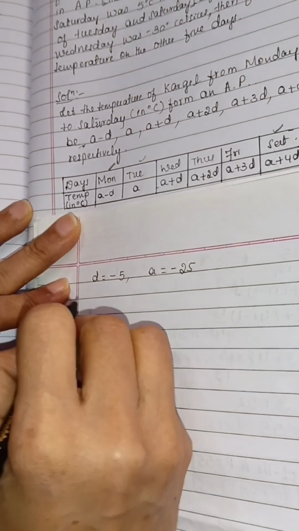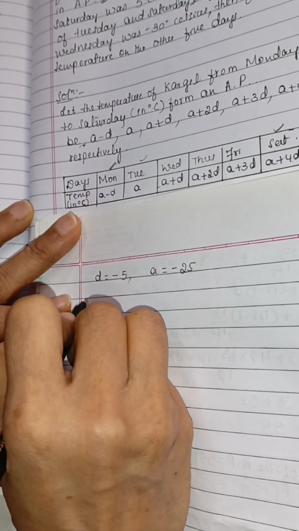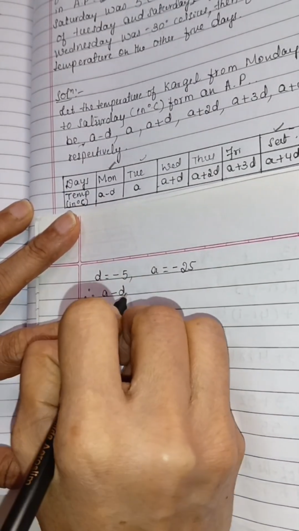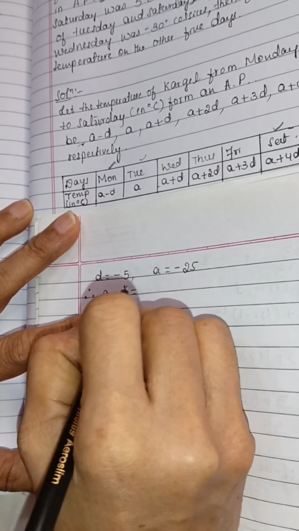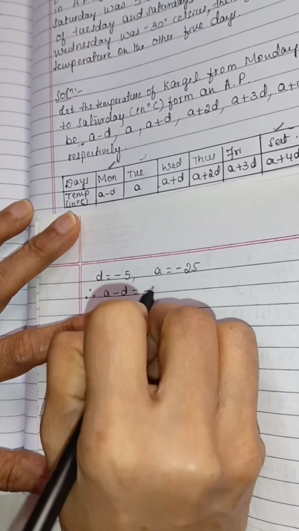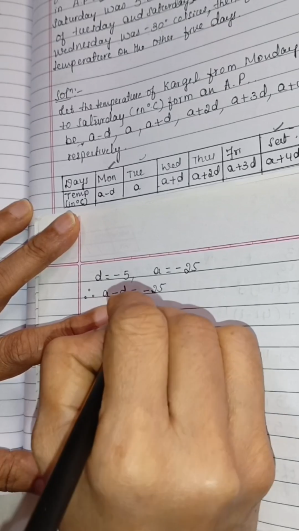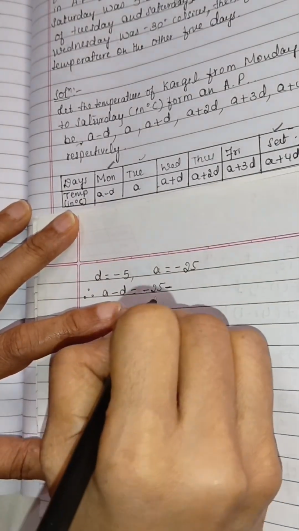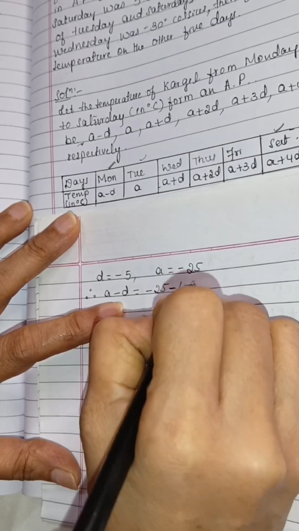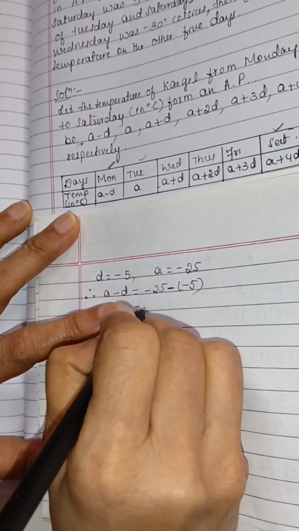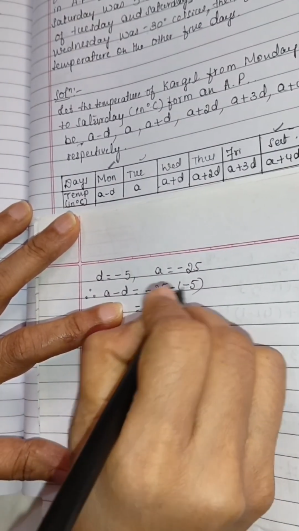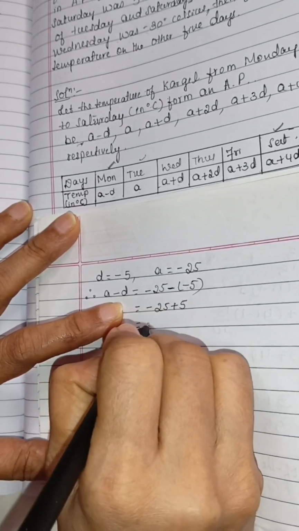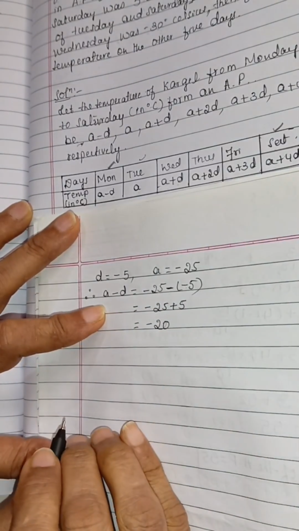Now substitute the values. On Monday it is A minus D. A is minus 25 and D is minus 5. Therefore minus 25 minus minus 5, that is plus 5, so that is minus 20.